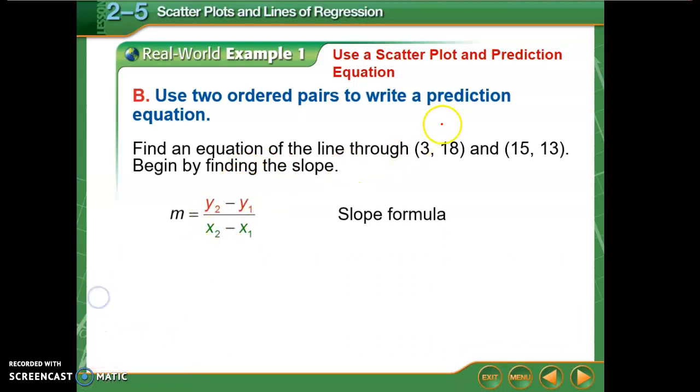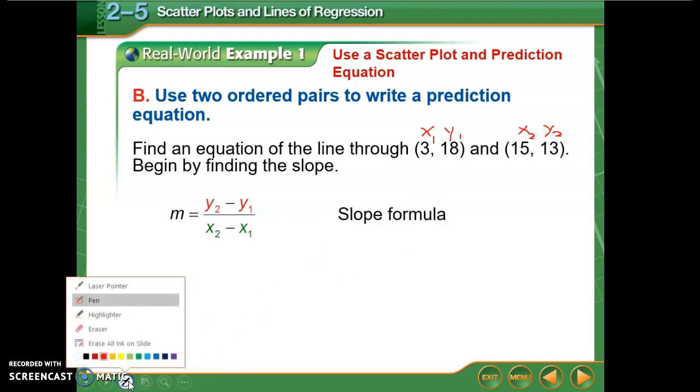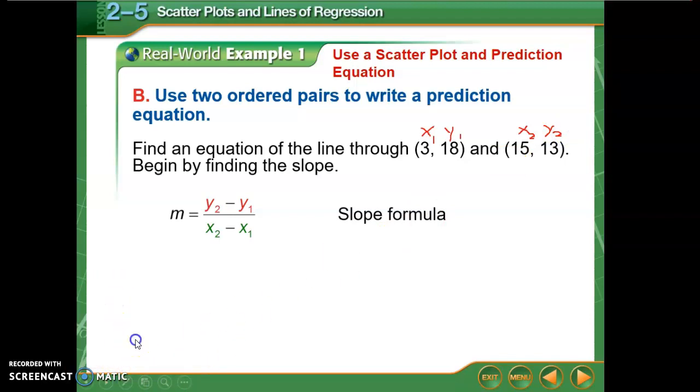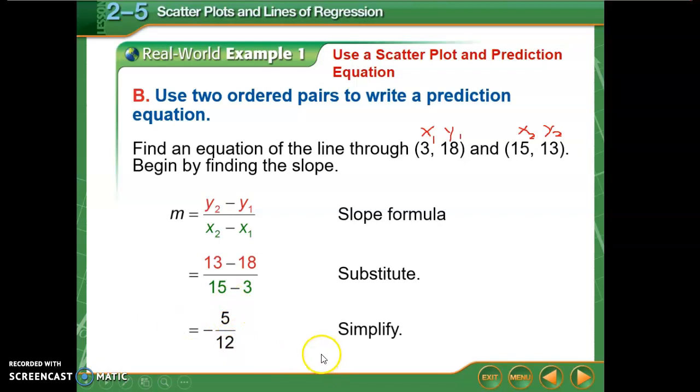This can be your x sub 1, and then y sub 1, and then x sub 2, and then your y sub 2. And then plug in the formula. Okay? Alright, so continue. 13 minus 18 over 15 minus 3. Negative 5/12. So that's the slope of the line.